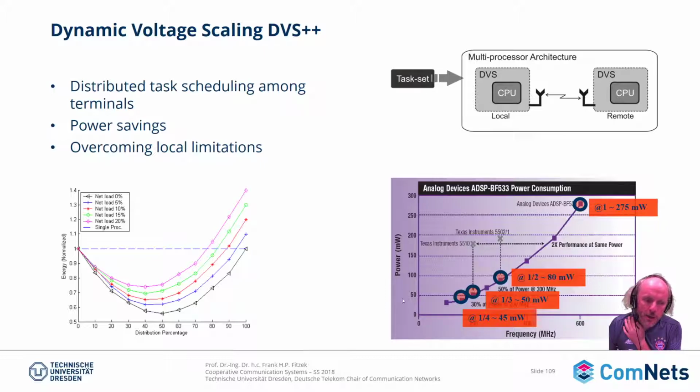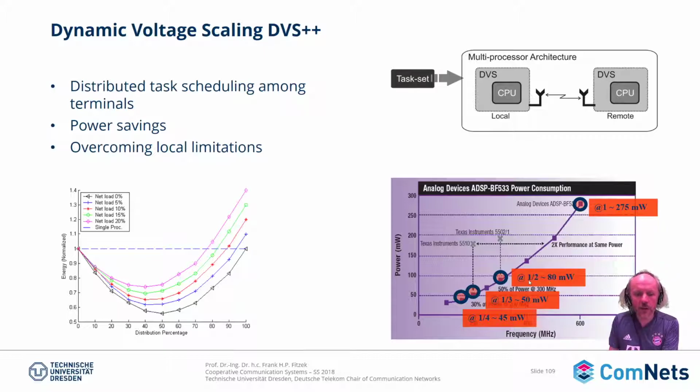Here you see the power over the frequency for an Analog Devices DSP, and some clock rate over here, and you see if you run at full clock rate, 600 megahertz, then you use 275 milliwatt. If you then would work only with half of the clock rate, then you would only use 80 milliwatt.